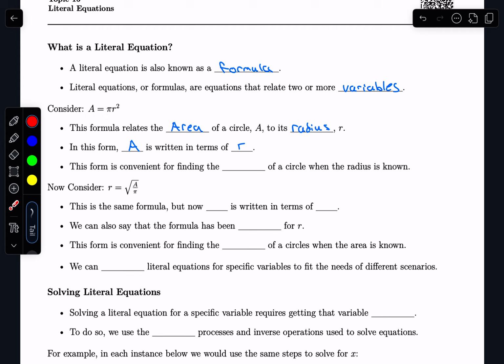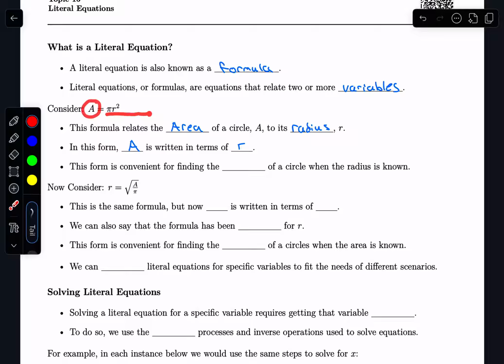Now, terms is plural in this case, but in general, we could have any number of terms. So right now, pi r squared is just one term, but some of our formulas are going to have multiple terms in them. And all we do to describe these formulas is we say what is isolated, and then we say that that thing is written in terms of whatever variables are on the other side.